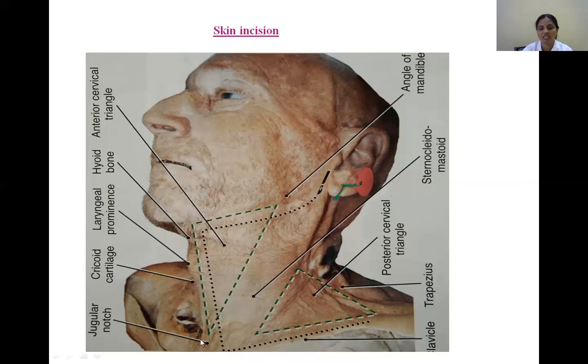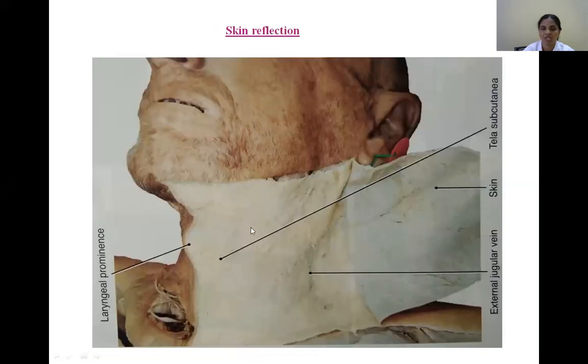Along these three incisions, we are going to reflect the skin. See, this is the reflection of the skin. And immediately after reflection of the skin, what structure do you see? You are going to see the superficial fascia. Here you identify the superficial structures. It includes the superficial vessels and the superficial nerves, which supply the skin.